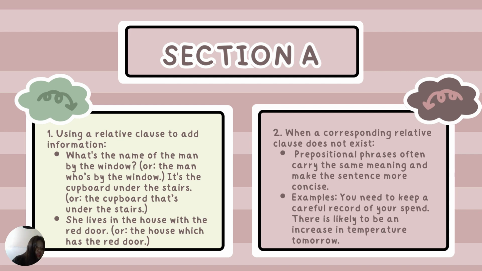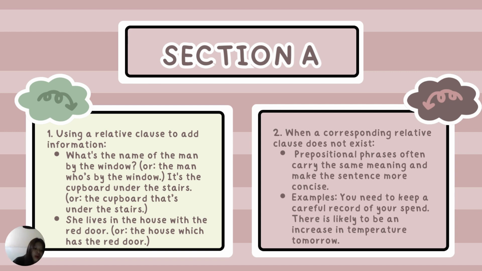Example 2: in the cupboard under the stairs. This is similar to: the cupboard that is under the stairs. These prepositional phrases give more detail about a noun without using a full relative clause.